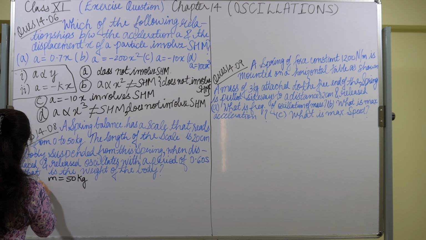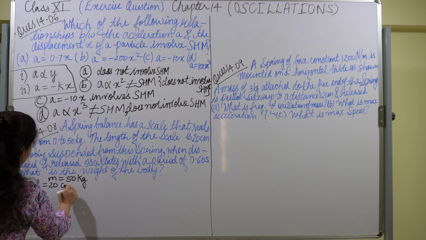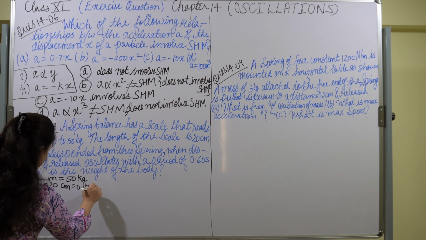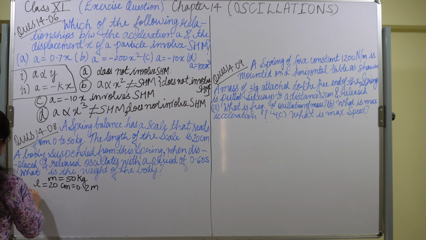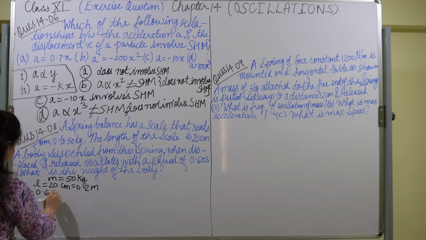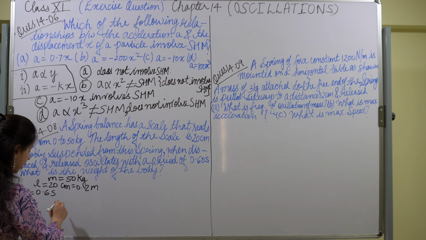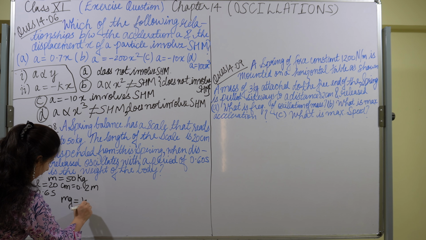Then the length of the spring is equal to 20 centimeter, which will be equal to 0.2 meters. Then we are given the time period of 0.6 seconds. Okay, so we know a condition that mg is equal to KL.